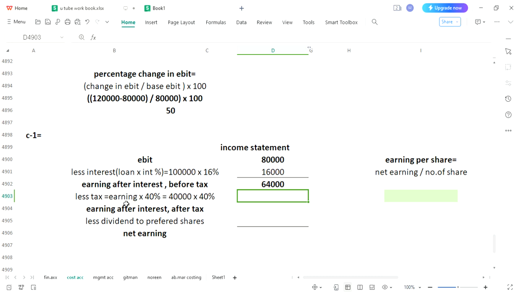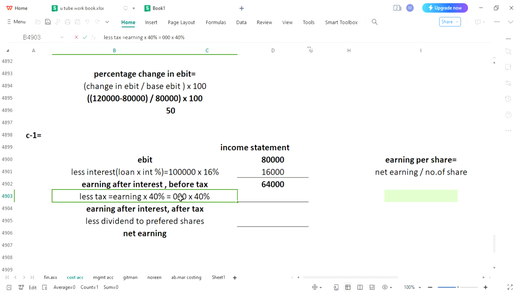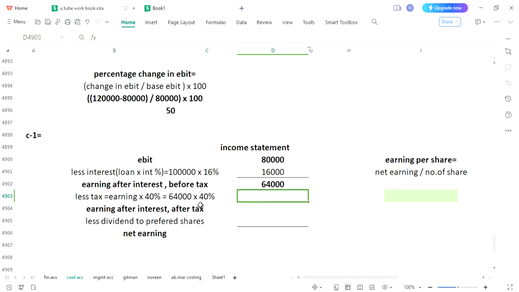And now we will calculate the tax. Your earning after interest but before tax is needed to calculate your tax, and that is 64,000. You are needed to calculate 40%, which is given in your question.